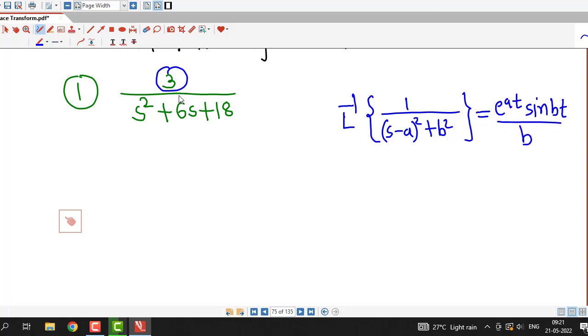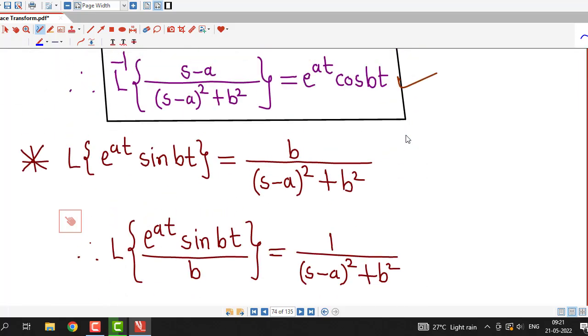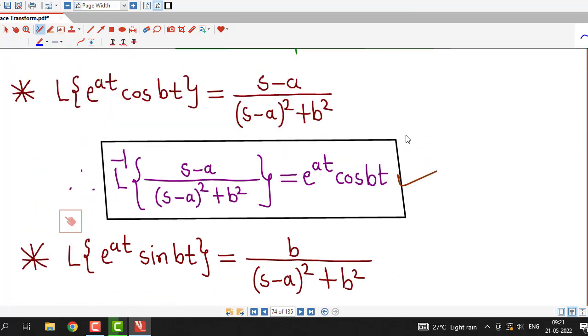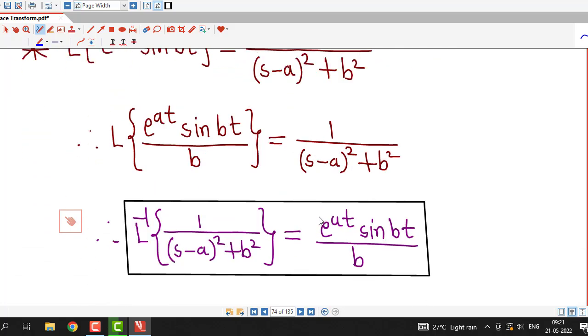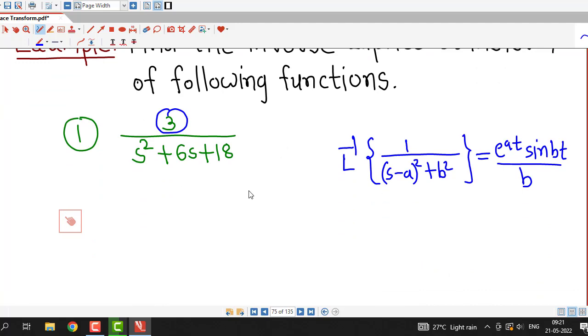If s was present, then we would use the formula for cosine: s minus a over s minus a square plus b square has inverse Laplace transform e raised to at cos bt. But if s is absent, then we will try to convert our function in this form.